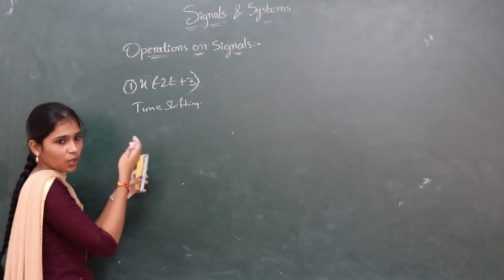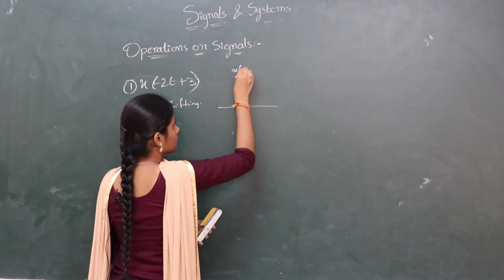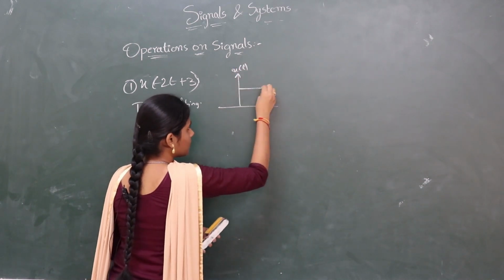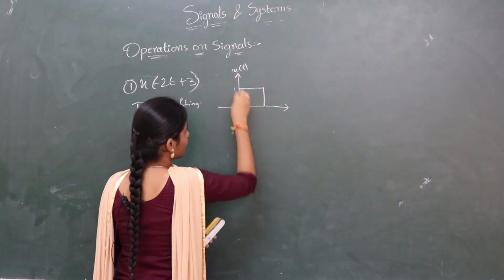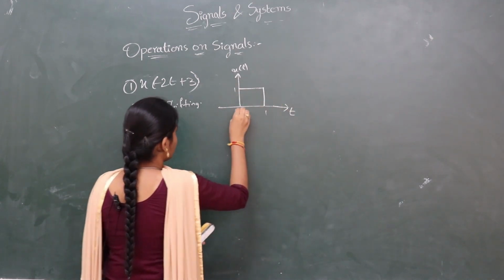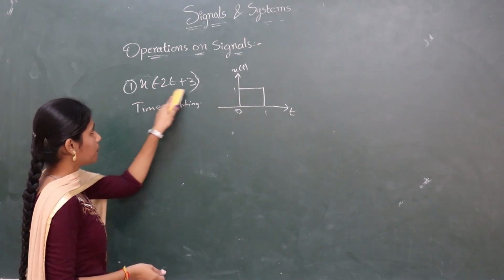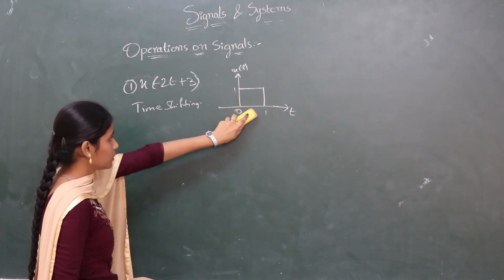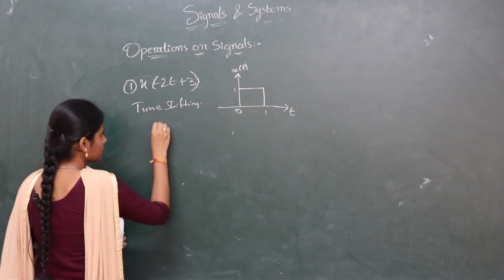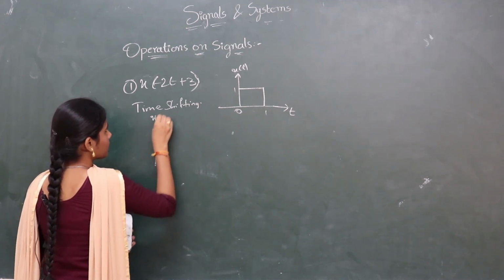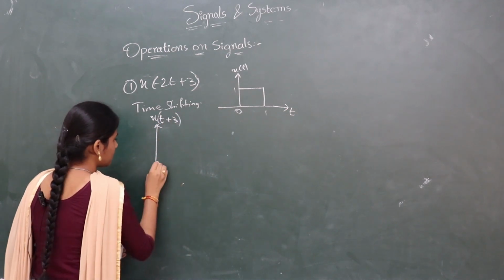First let us take the original signal x of t. From this signal we need to obtain the required signal. So first I am doing the time shifting operation, that is x of t plus 3.